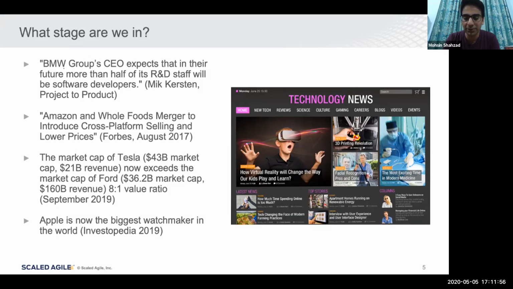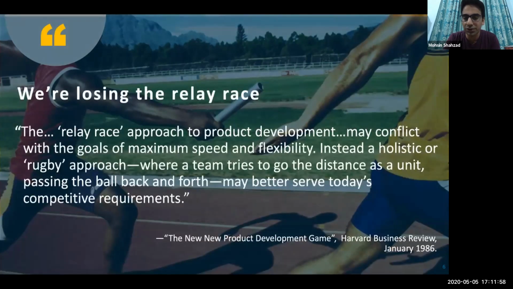So let me talk about the history, what existing project management was like. Relay race, most people know about that. In the relay race approach, one person runs and has to pass the baton to the next one.